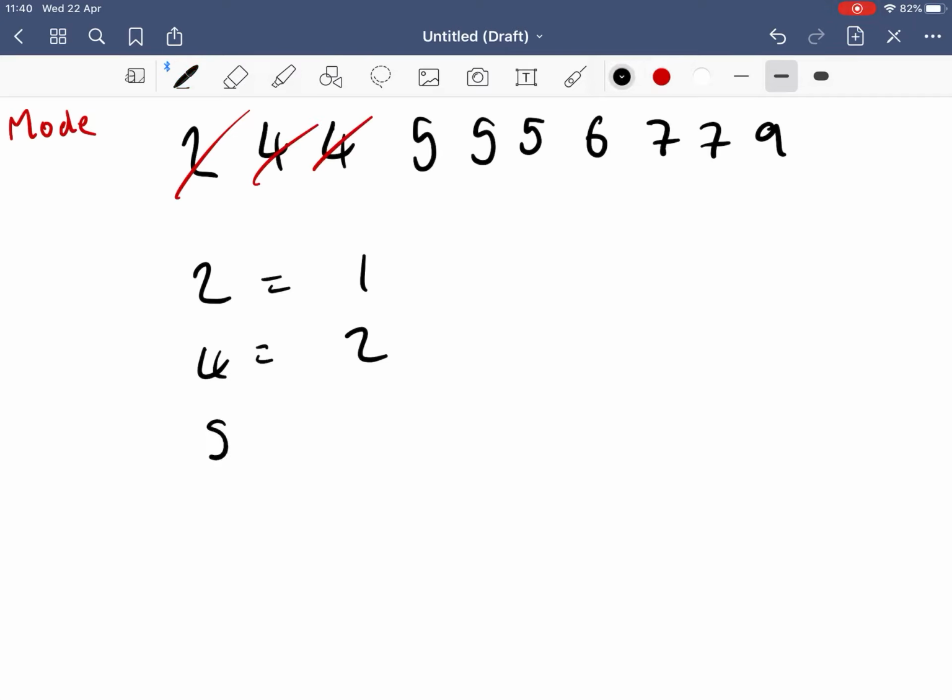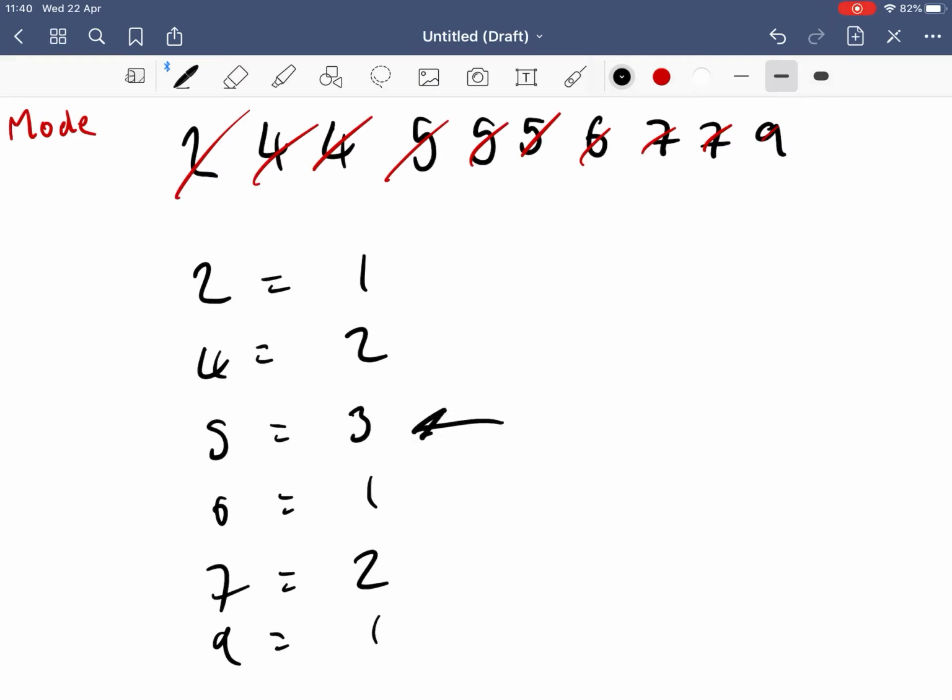How many times does 5 come up? 3 times. What about 6? Just the once. 7s, twice. And 9's just the once. So, looking here, which is the most common number? It's got to be 5, because 5 comes up 3 times. So, on this one, the mode would be 5.